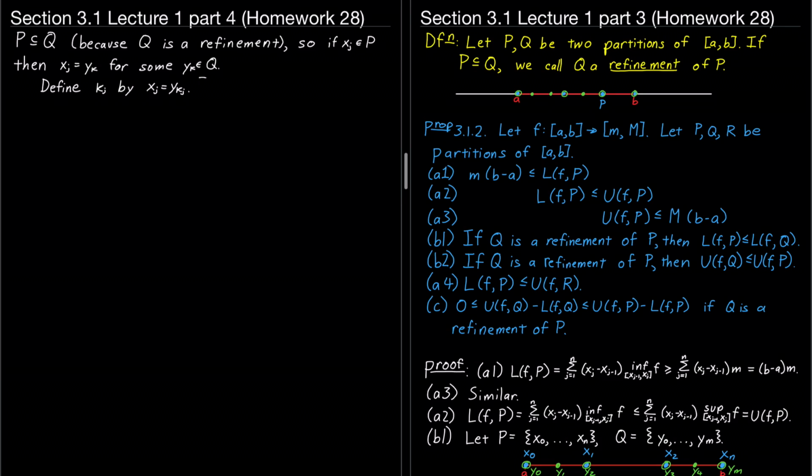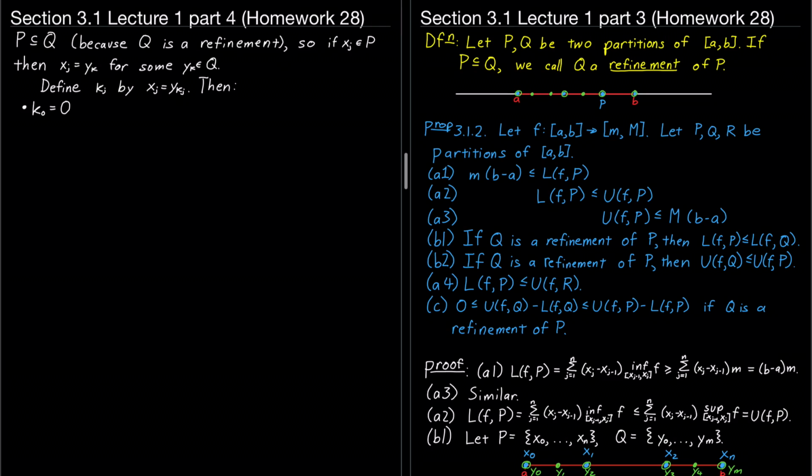And then a couple of things to notice. First is that k sub 0: x naught is the left endpoint, a, and y naught is also the left endpoint. So x naught equals y naught, so x0 is y sub k sub 0, which is y0.